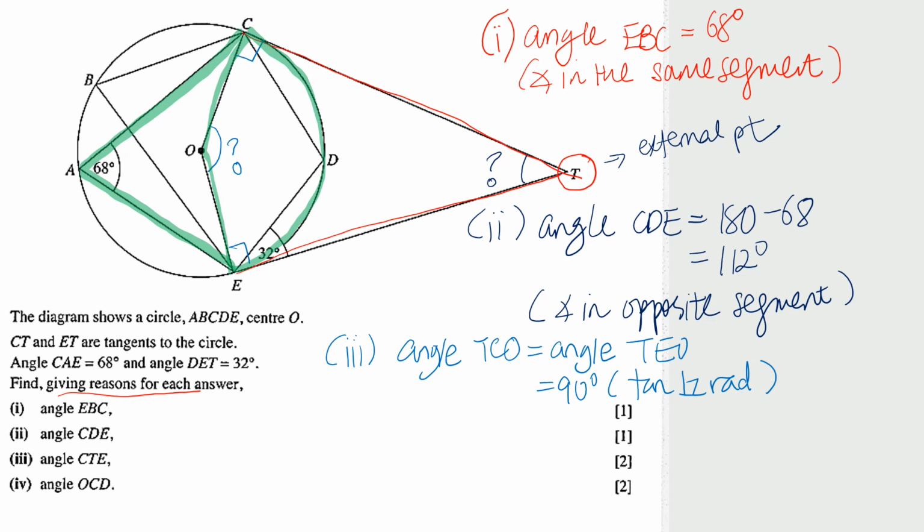So this particular angle here is twice 68. Angle at the center equals 2 times angle at the circumference.